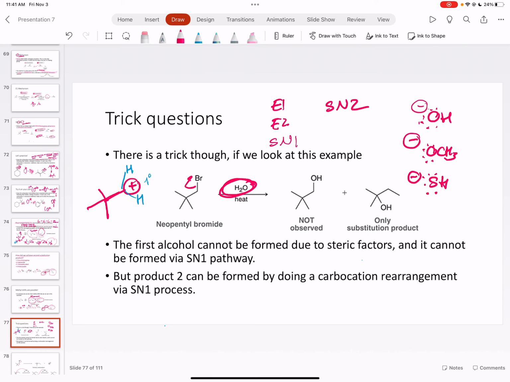While with E2, we can also work with oxygen, with OH negative, OCH3 negative. But the thing is that E2s can also be very bulky, unlike SN2s, which have to be really small. So we can have things like tert-butoxide be okay.